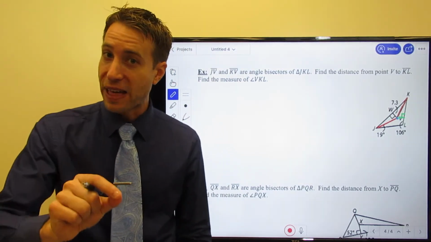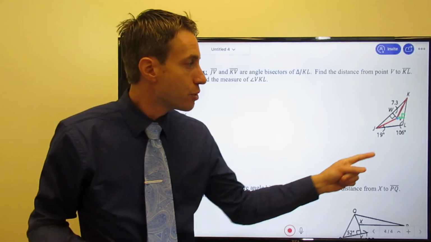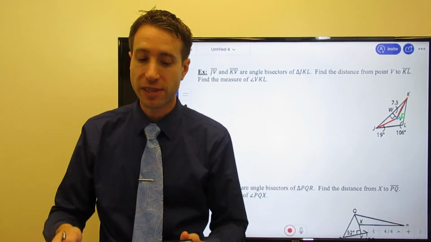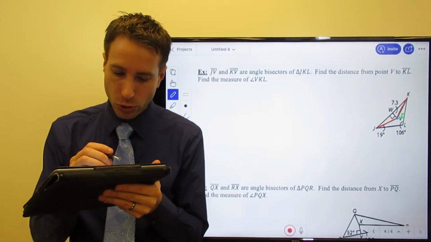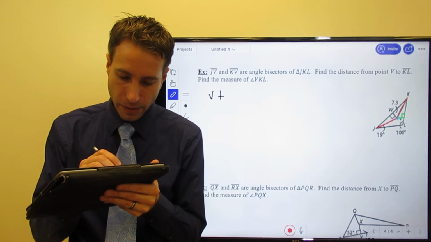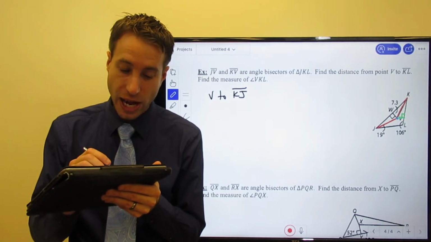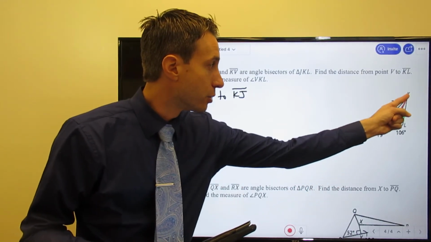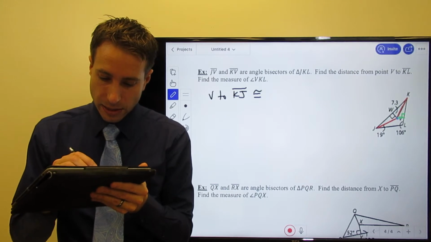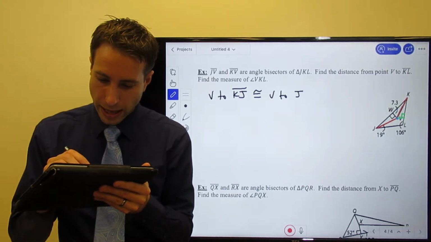First, thanks to the in-center theorem, we know that if you know the in-center of a triangle, it is equidistant from all of the sides. What that tells me is that the distance from V to side KJ is congruent to the distance from V to side JL.